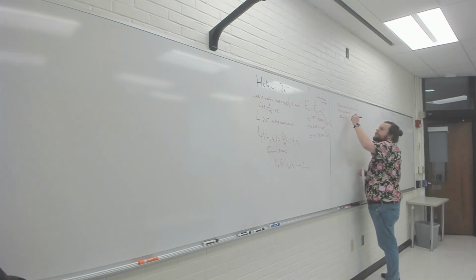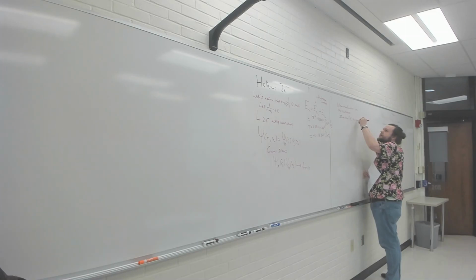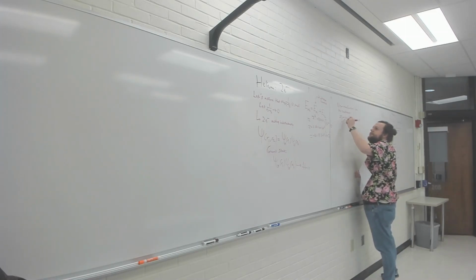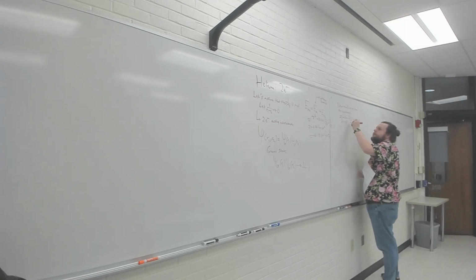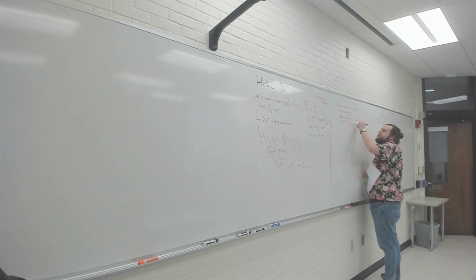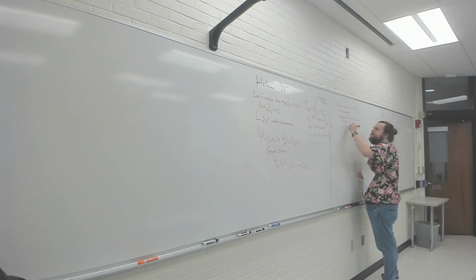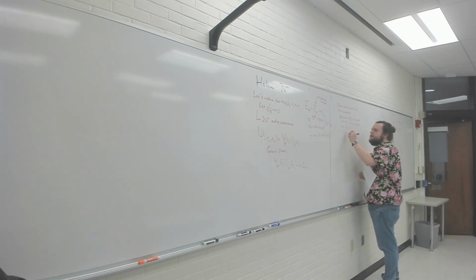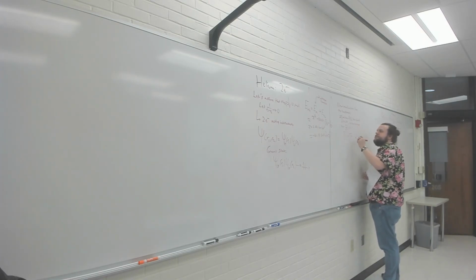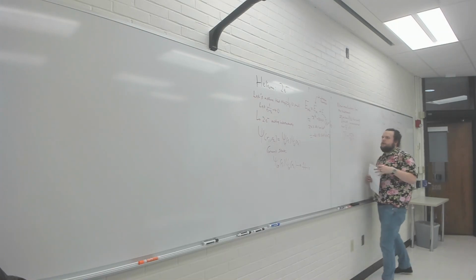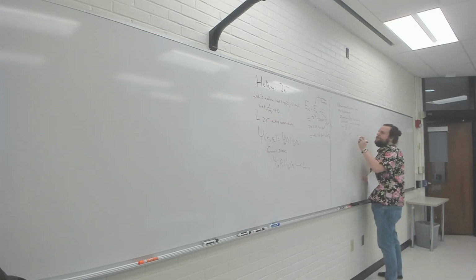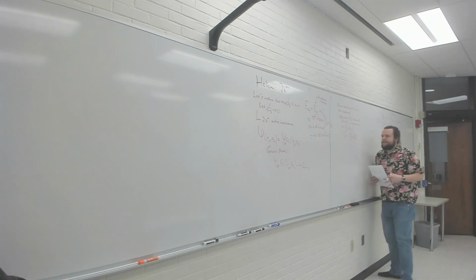So if we have some wave functions that satisfy H psi equals E psi, we can construct new wave functions such that the new wave function is a sum over the other wave functions. I have to add some coefficients to it as well. This is completeness.